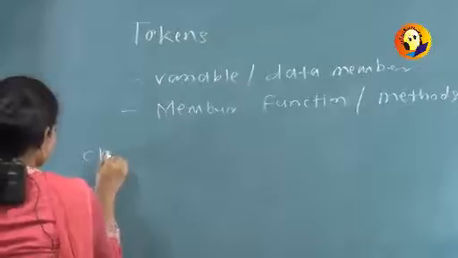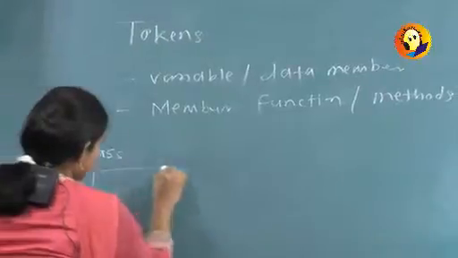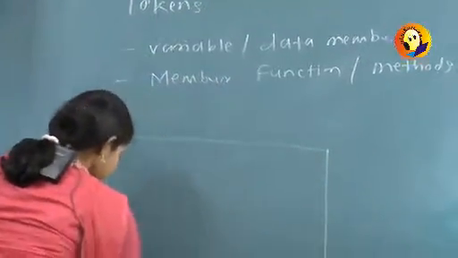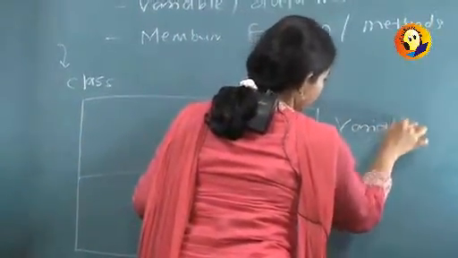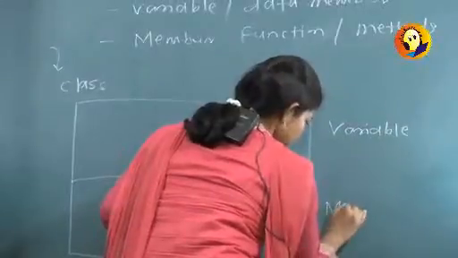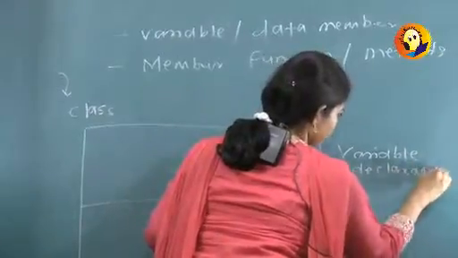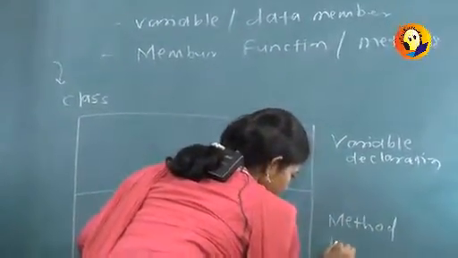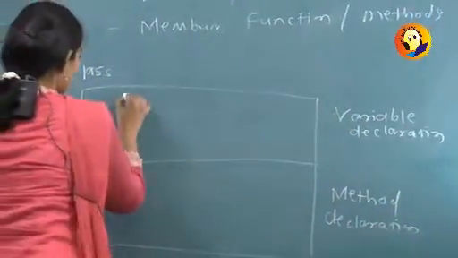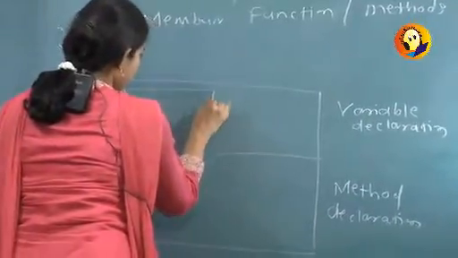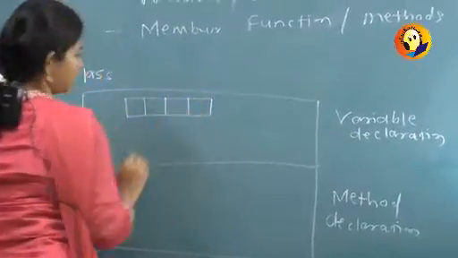So basically a Java program is a collection of classes, and a class is divided into two parts. The first part is variable declaration and the second part is method declaration. Variable declaration consists of the variable name, that is the identifier, and its type.